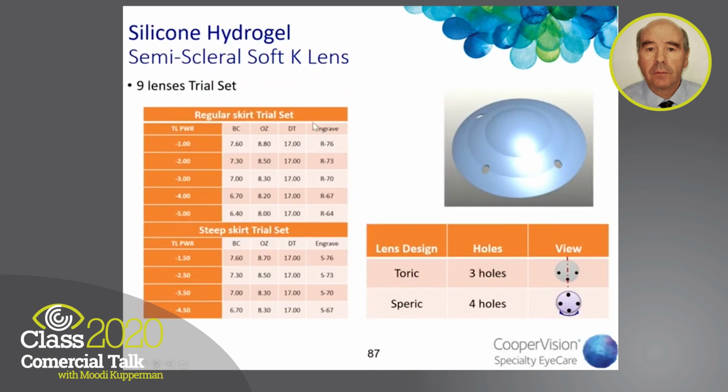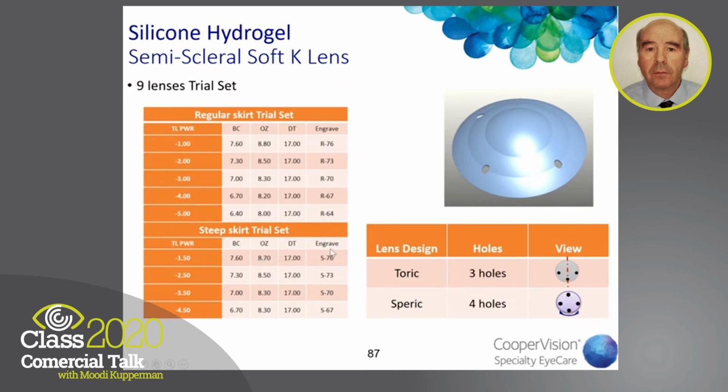The trial set is regular and steep periphery, with 5 base curves for the regular. Every lens is engraved, so the moment we put it on the eye, we can see immediately what lens we have. The power of the lens is on the label, but it is changeable from lens to lens.